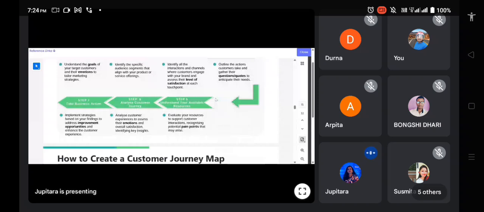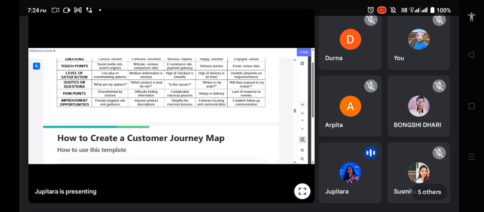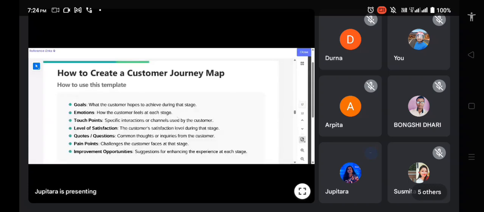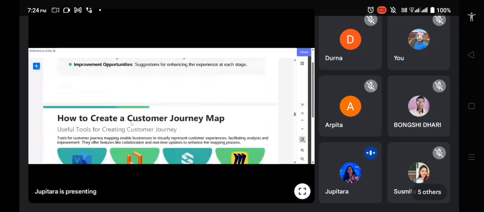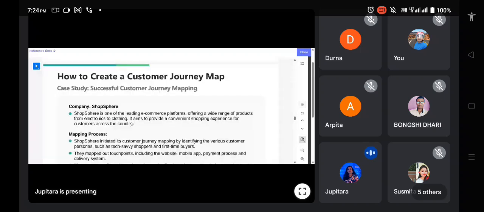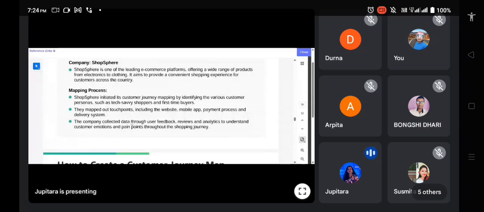And this is a template given for how to make a customer journey map. You can go through this. Even how to use this template is given here, everything is given in details. So you need to make sure that you make your customer journey map, and you can present it or discuss it on Monday.